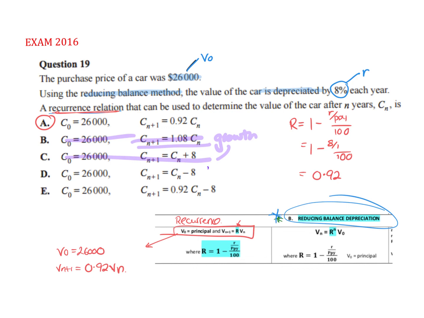So you could say this is flat rate depreciation because it's not being times by something less, it's just taking away. So that one was out. And then the last one, our formula doesn't have that extra bit in it, does it? So we could have got rid of that. So you can see that might have been a quicker way you could have answered, and that allows you a bit more time in the exam.